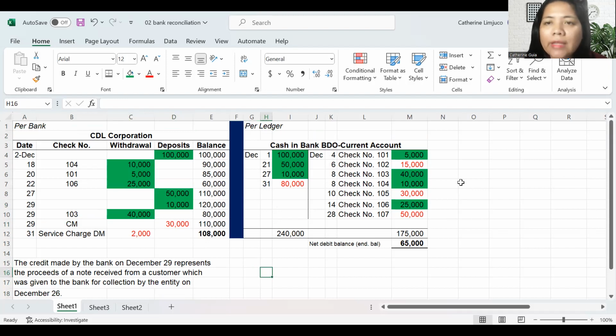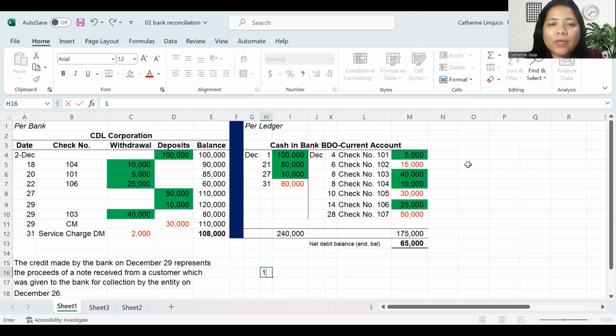After we have identified the reconciling items, we can now prepare a bank reconciliation. But before we go directly to our bank reconciliation, this statement that will put into agreement our per bank balance and per ledger balance, let us first identify the three types of bank reconciliation.